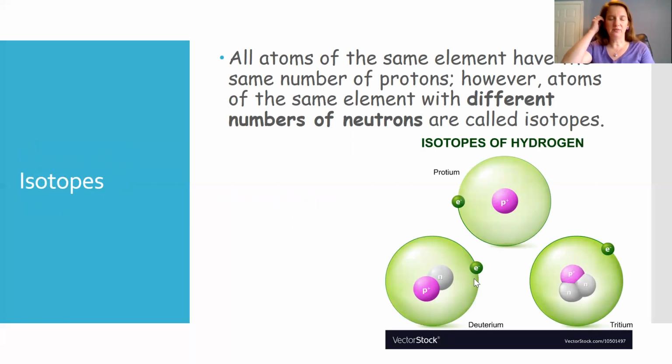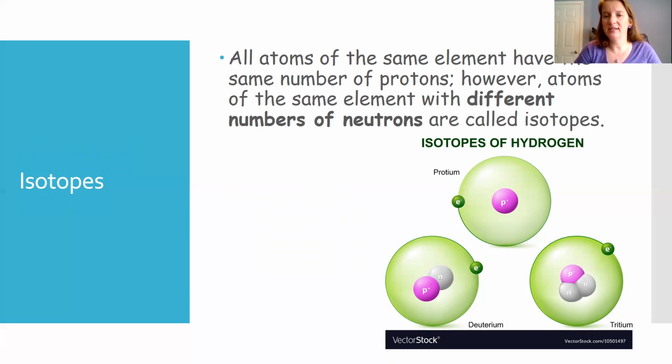Now isotopes, we had briefly mentioned isotopes when we were talking about Dalton's modern atomic theory, because Dalton thought that all atoms of the same element were identical, and that's not the case because of isotopes. Isotopes differ because they have a different number of neutrons, so they have a different mass number.